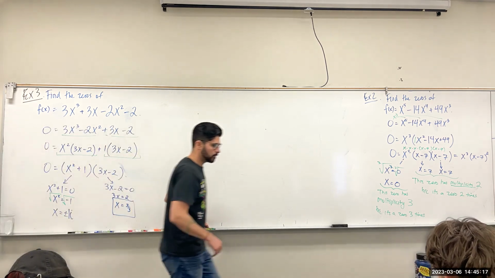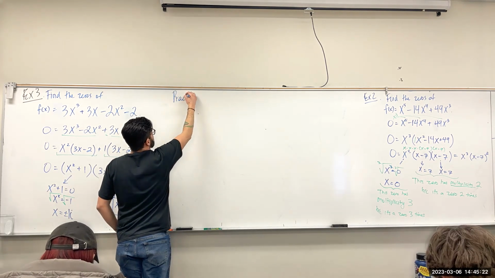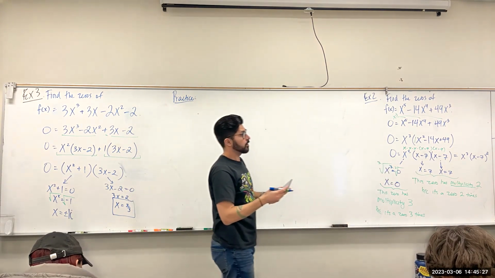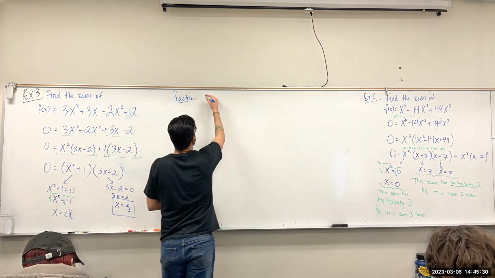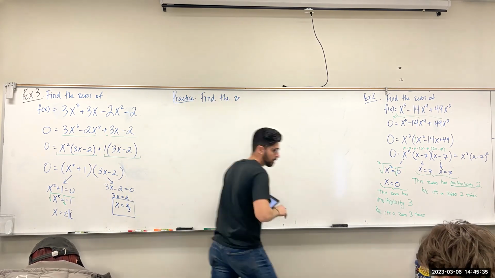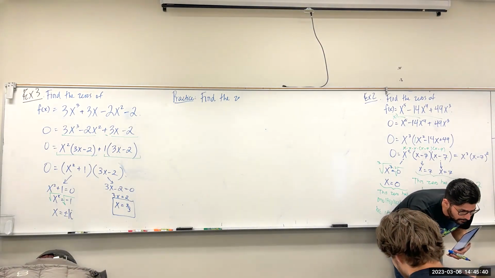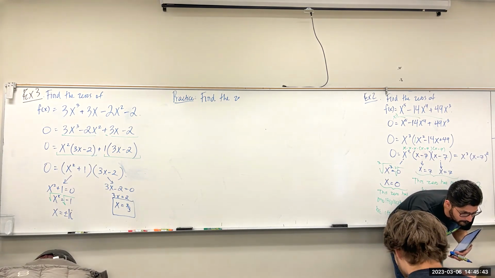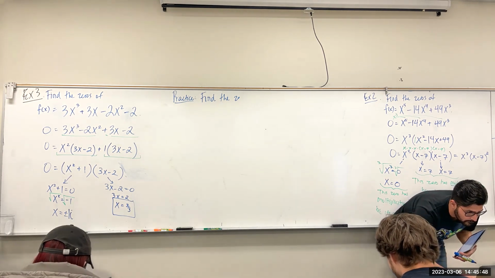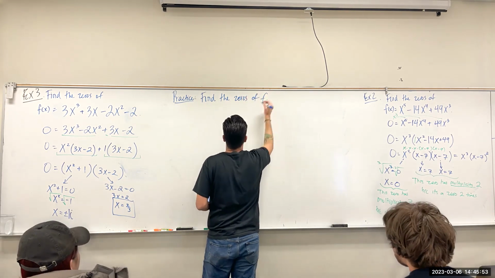Okay? All right, guys, let me give you 2 problems. You guys can play a little bit. We might not finish the whole class, so we'll carry over to the next one. That's fine. All right, guys, so find the zeros of that.